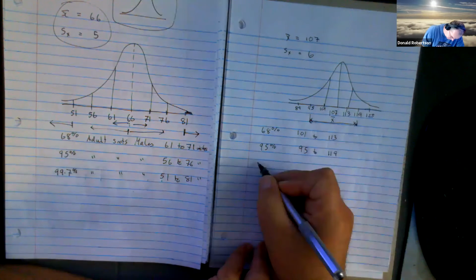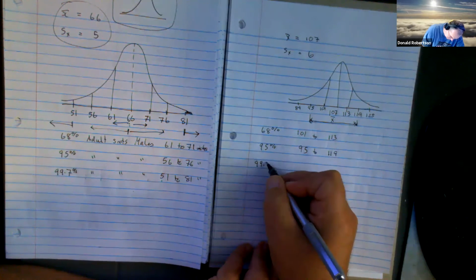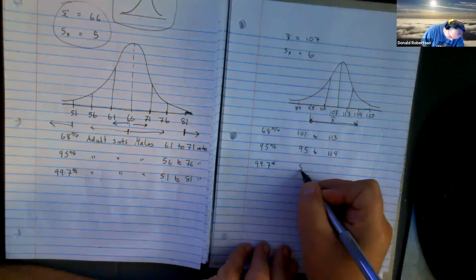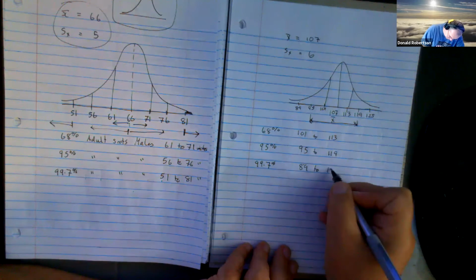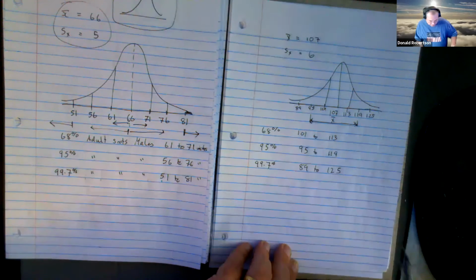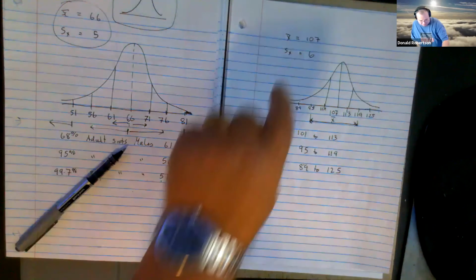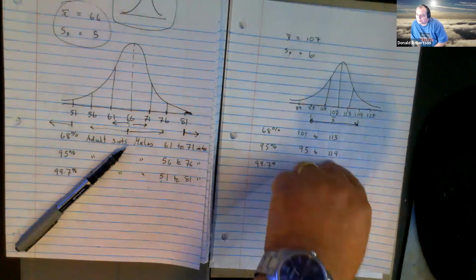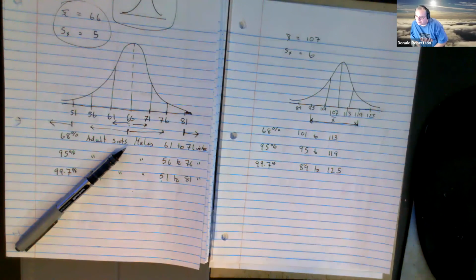And for 99.7, it's here to here. Are you comfortable about how this data produces this picture, which then gives us these intervals? Do you feel comfortable about how we do the process?